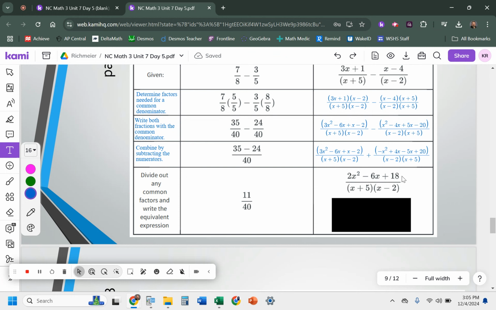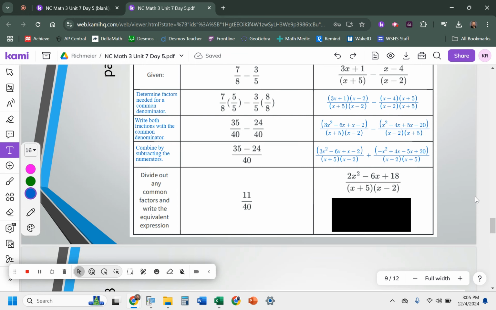What that means is we need to factor the numerator once we're done to see if it has a factor of either x plus 5 or x minus 2, and divide it out if it does, which in this case it did not. So we end up with the final expression.